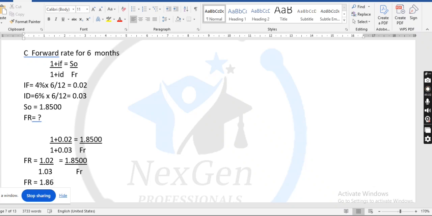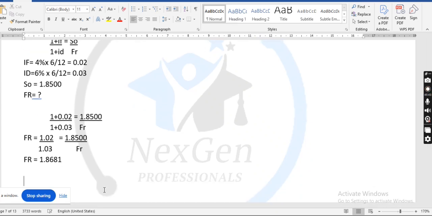Please don't forget, please don't divide 1.02 by 1.03. What you need to do here is to cross multiply. If you do it that way, you get it wrong, please.